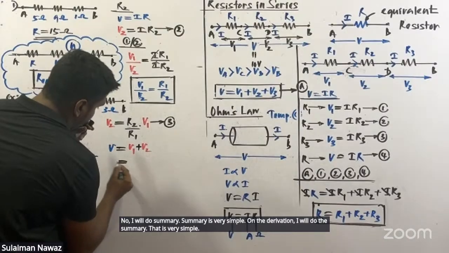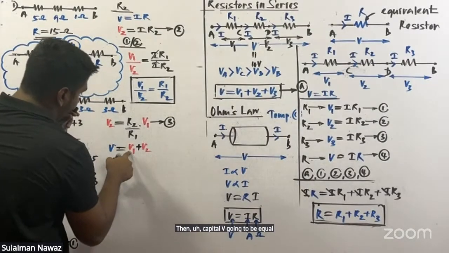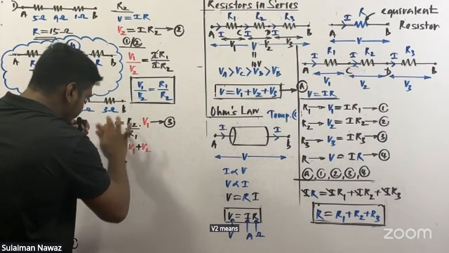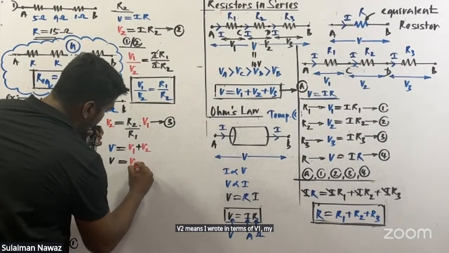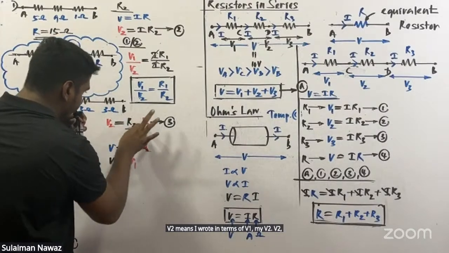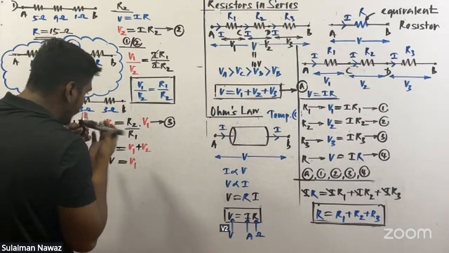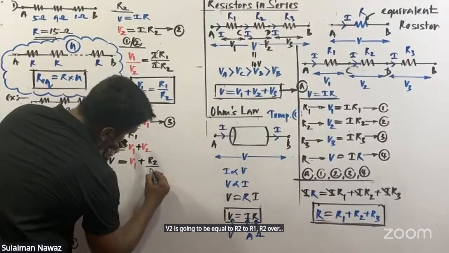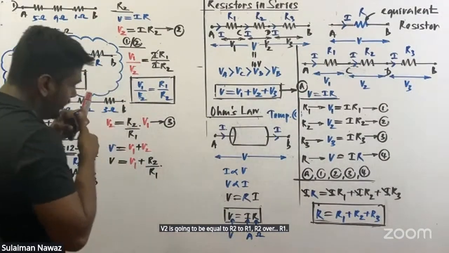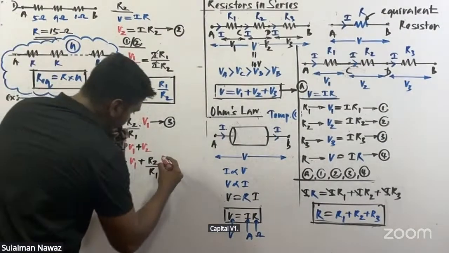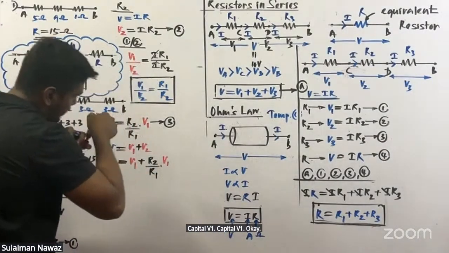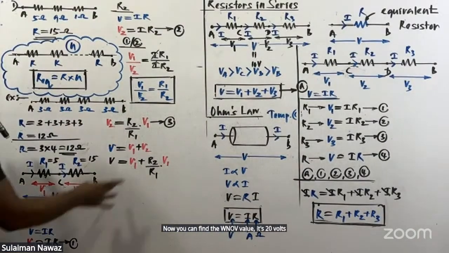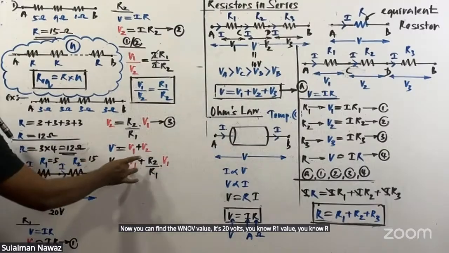Then capital V is going to be equal to V1 plus V2. I want to find V1 only, so I wrote V2 in terms of V1: V2 is equal to R2 over R1 dot V1. Now you know the V value, it's 20 volts. You know the R1 value and the R2 value. The only unknown is capital V1.